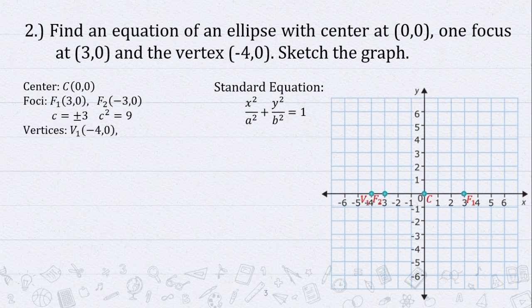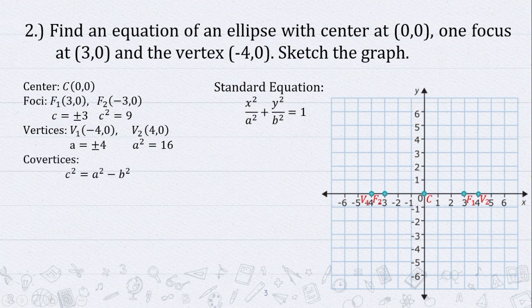Going back to our given, if one vertex is at (-4, 0), then the other vertex is at (4, 0). And since they are a units away from the center, our a here is positive or negative 4, which means that our a squared is equal to 16.